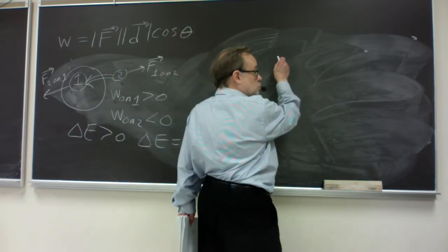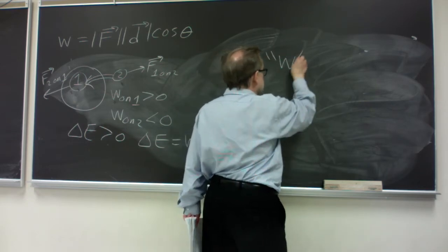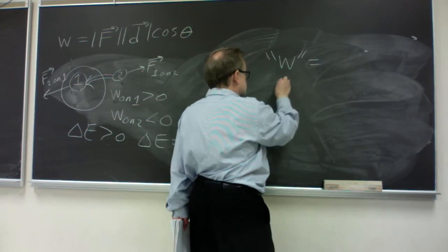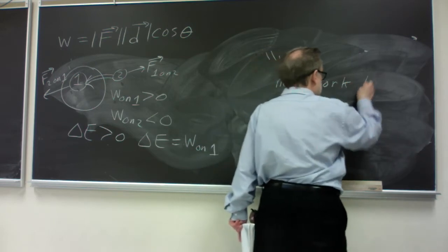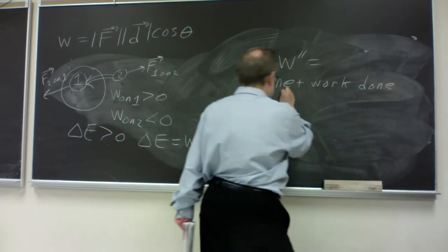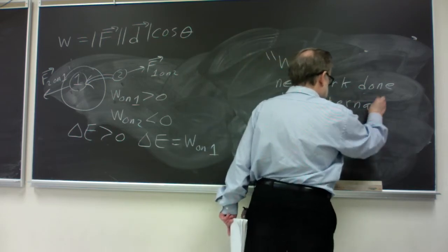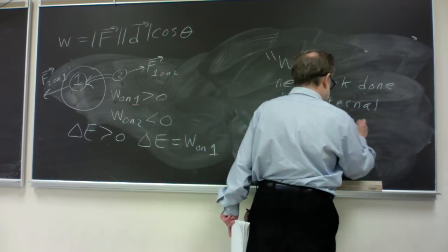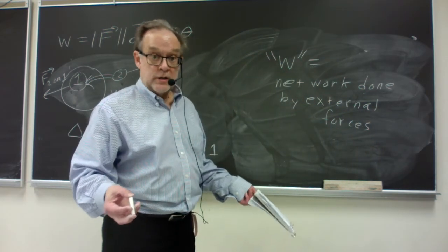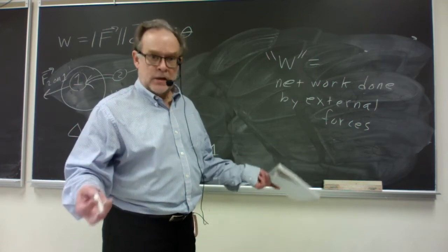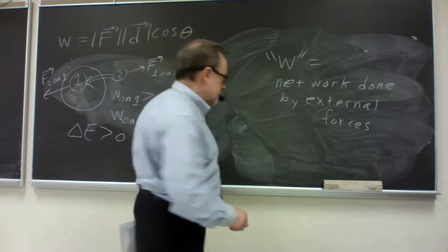So we use this symbol plain old W with no subscripts, which means the net work done by external forces, and if there is net work done by external forces, that's what changes a system's energy, just like in the second and third examples that I looked at here.